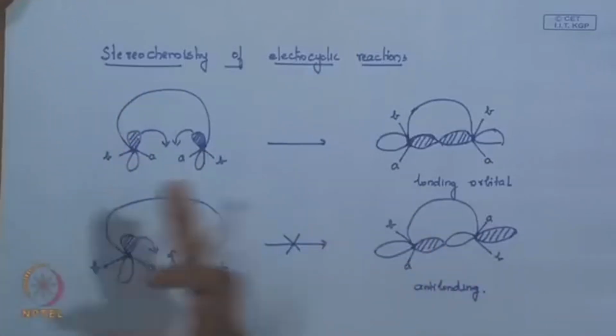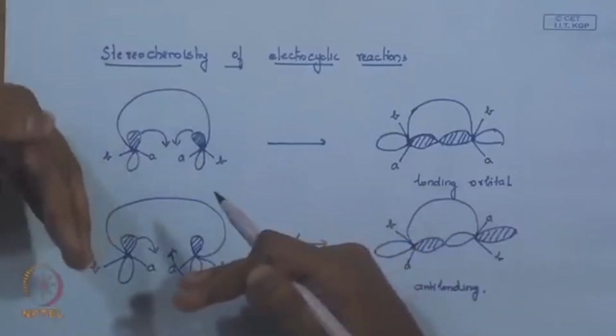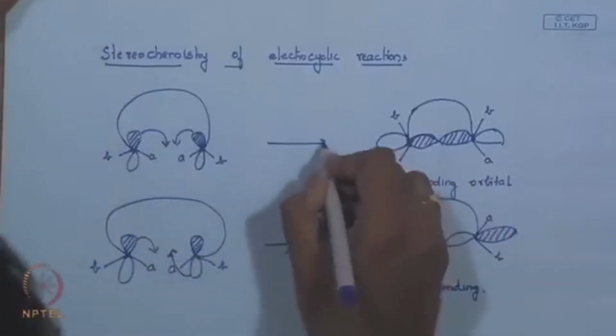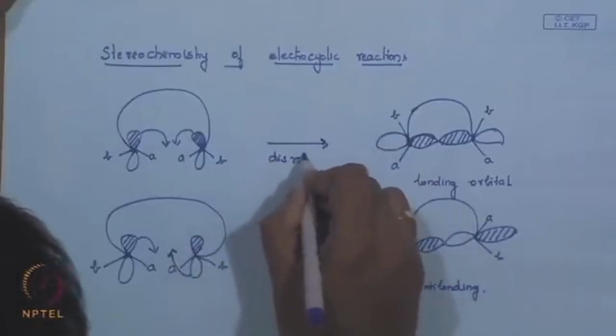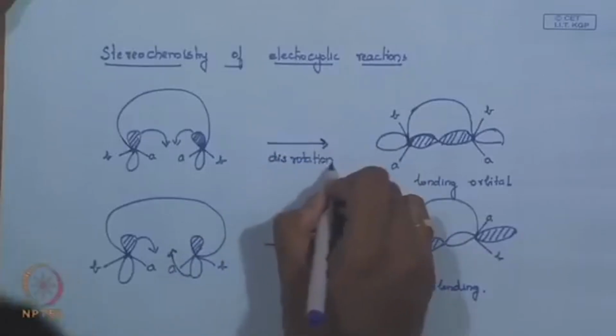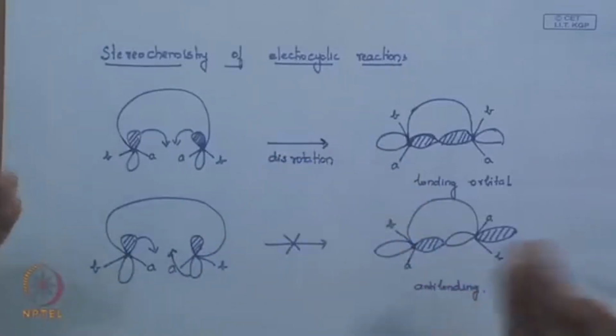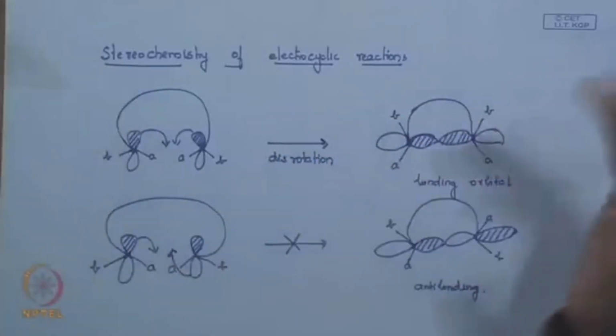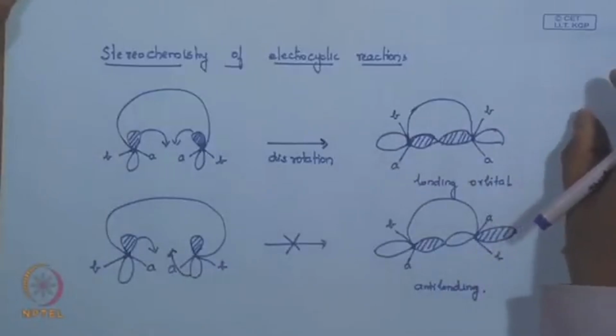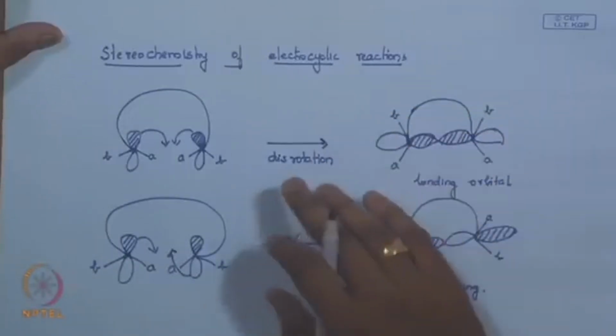If you have clockwise as well as anti-clockwise rotation to give you a sigma bond, then you call this rotation disrotation. Clear? This is very important, this part you should know. This is called disrotation.